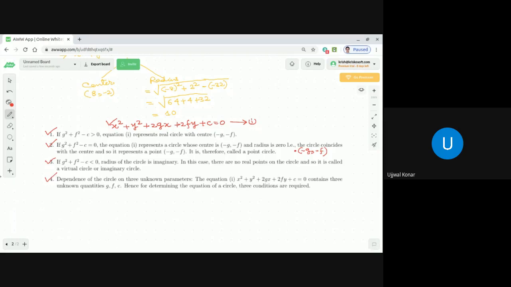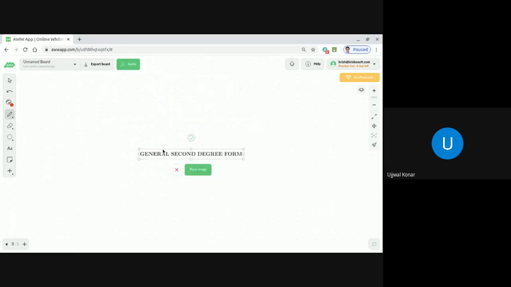Now, as we understood this, let's go to the next one, that is called the general equation of second degree. So general second degree form also you can say. If you recall, we discussed during the pair of straight lines discussion what the general equation of a second degree is.